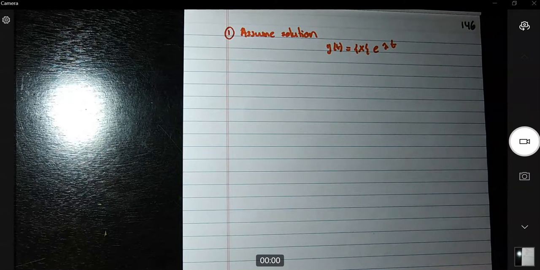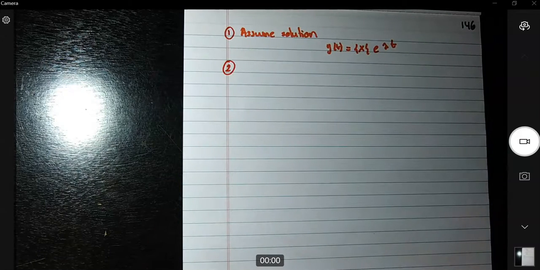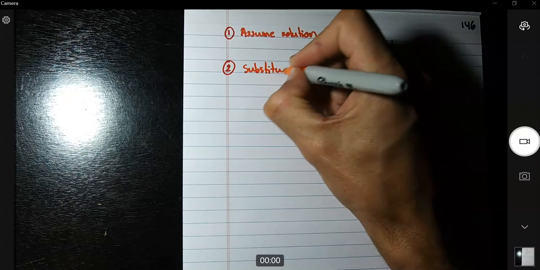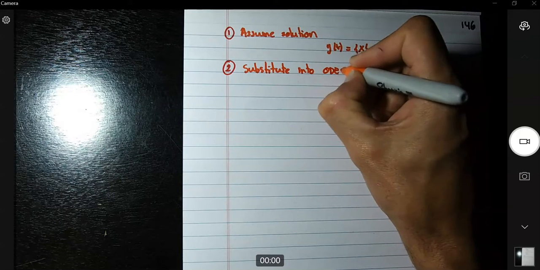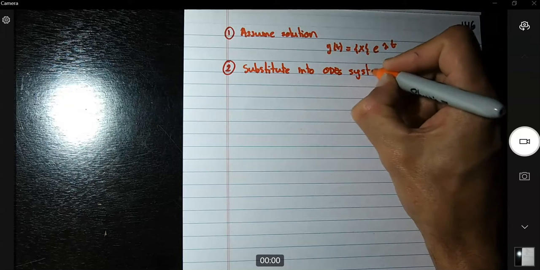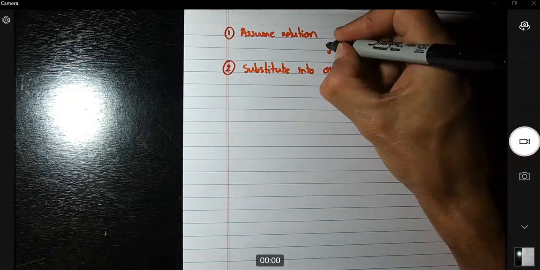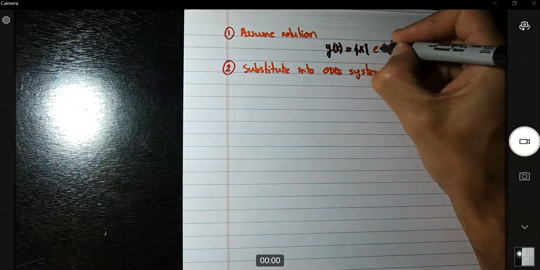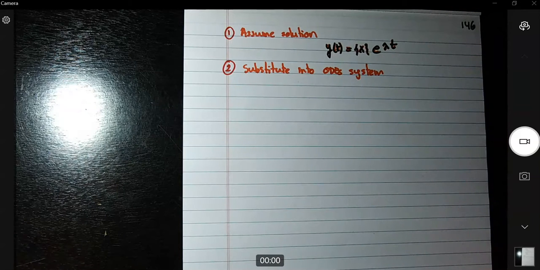Step 2, we need to go and substitute into the ODEs system.